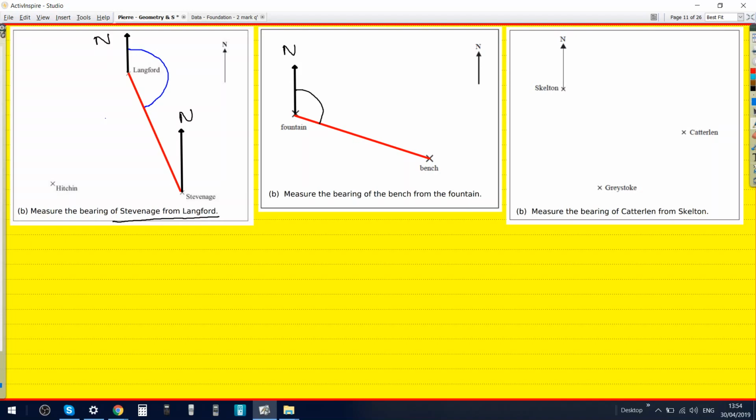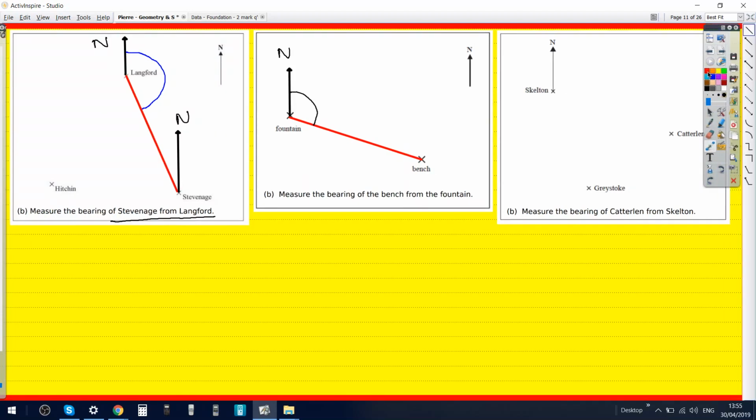Measurement: Catering from Skelton. First of all, you join the points from Skelton to Catalan.